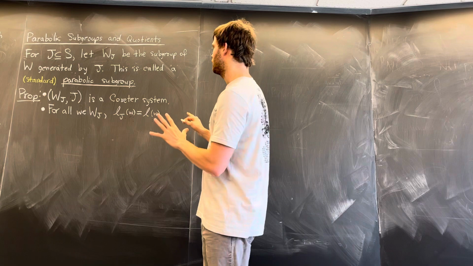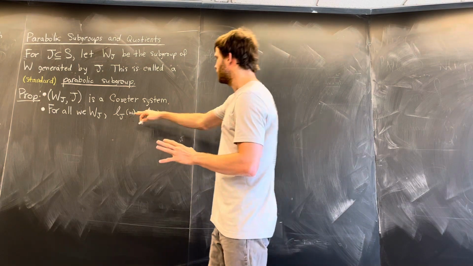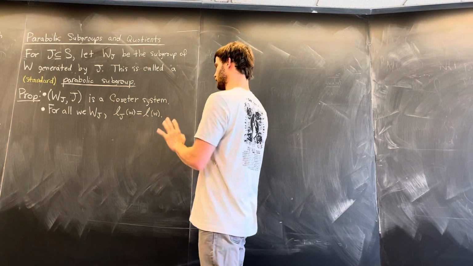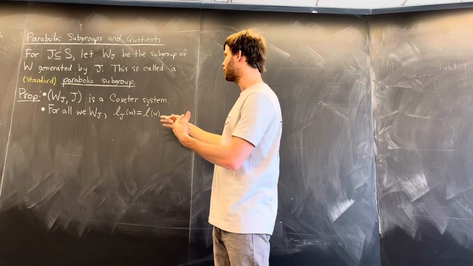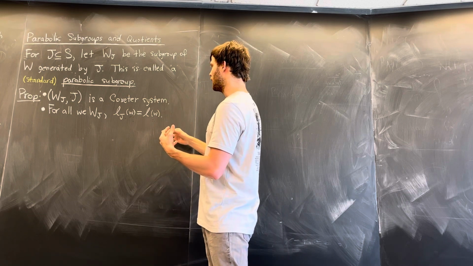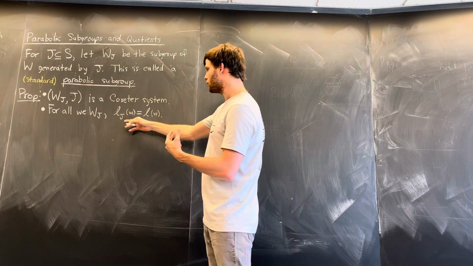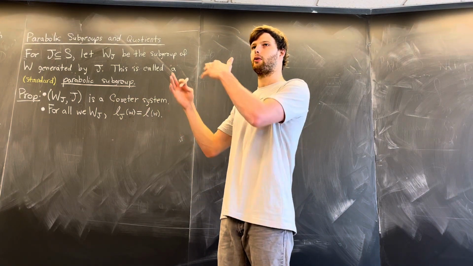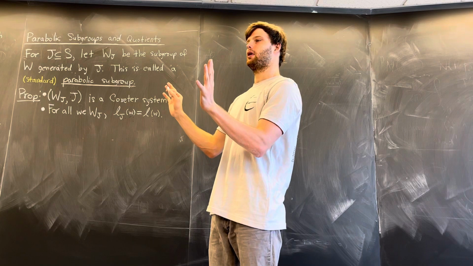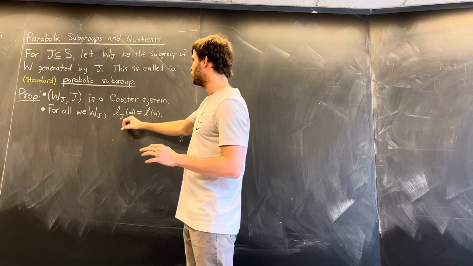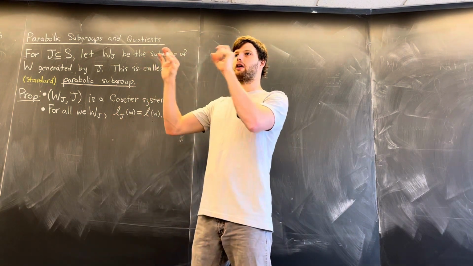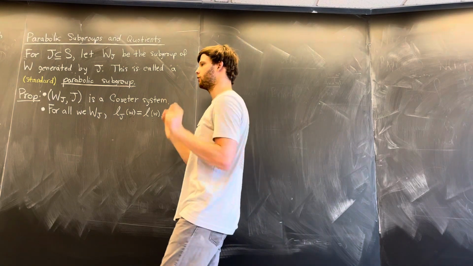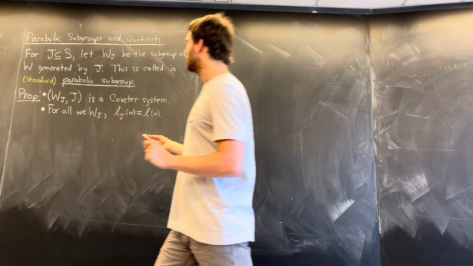Basically, if I have some word representing w that only uses letters from J, then it contains a reduced word, and by reduced I mean in the big Coxeter system, that only uses letters from J, because I can delete things using the deletion property to get down to a reduced word.